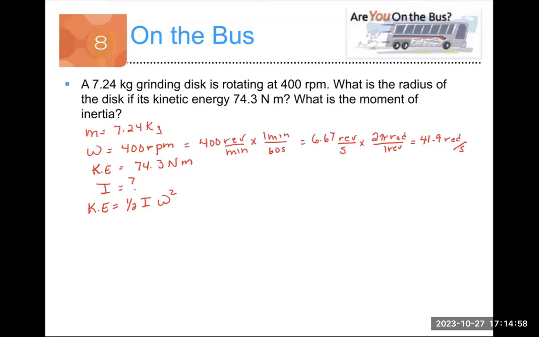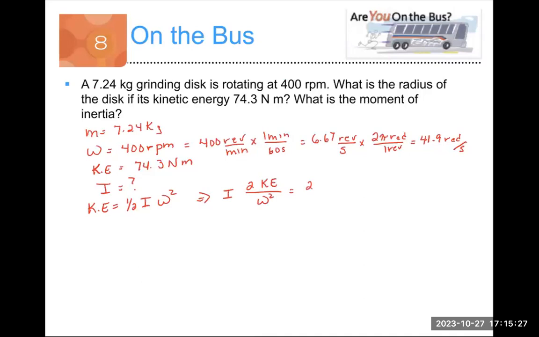Okay. I know my kinetic energy. I know my omega. So I can solve this for I. So therefore, my I is simply going to be 2 times my kinetic energy over omega squared.